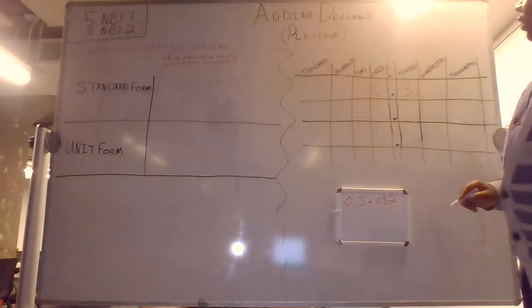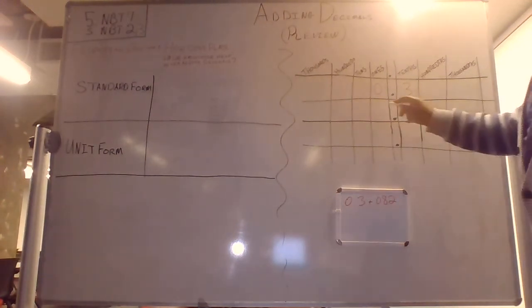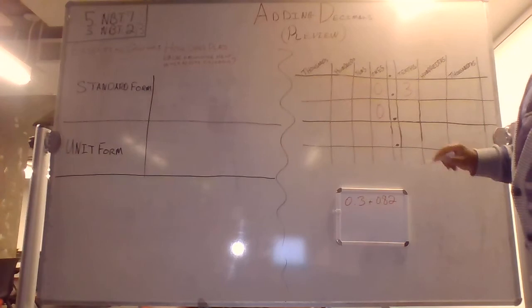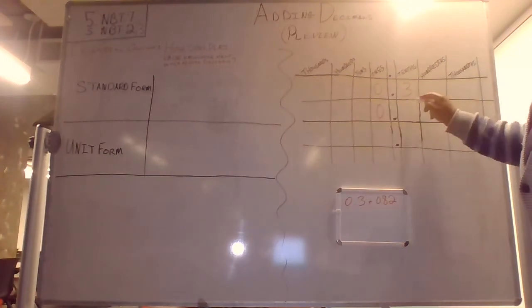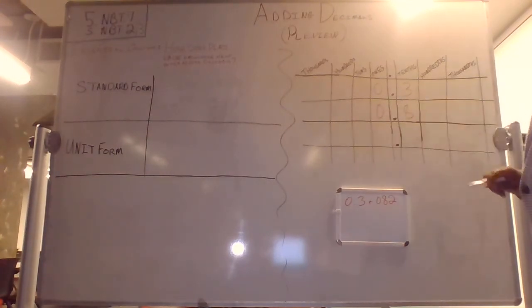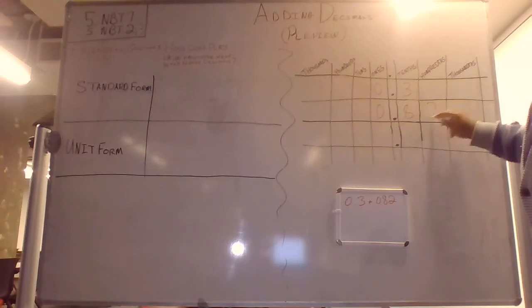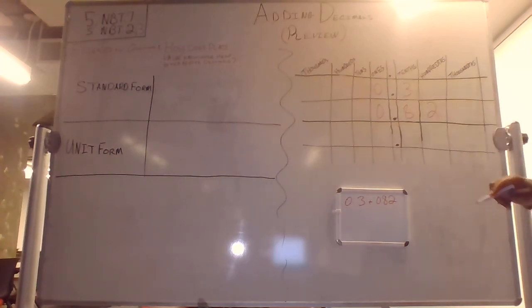For 82 hundredths, I'm going to place a 0 in the ones place again, an 8 in the tenths place, and a 2 in the hundredths place, because it's 82 hundredths.